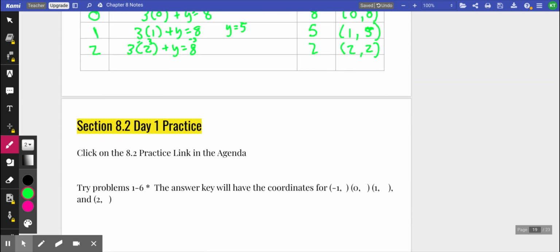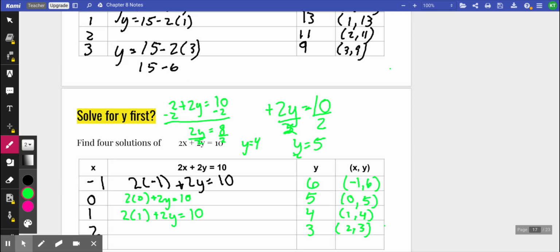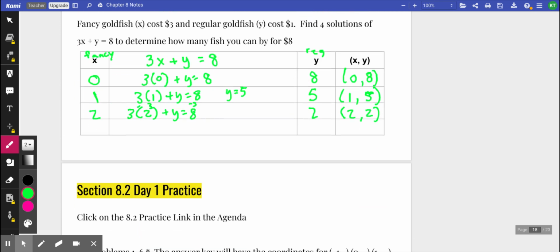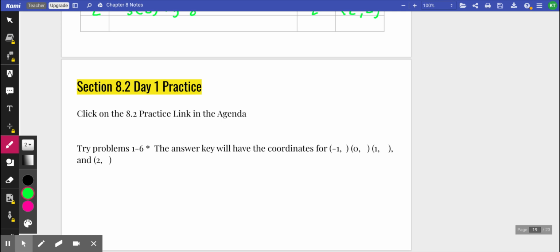All right, I'm gonna do it kind of different. We're gonna break this up into 2 days. So if you are at home, you can click on the 8-2 practice link in the agenda and try problems 1 to 6. They're going to be very similar to what these were, and saying find 4 solutions, and you can plug in whatever you want.